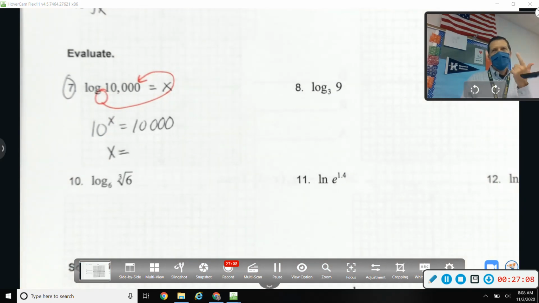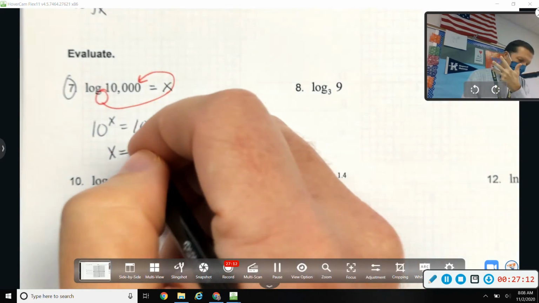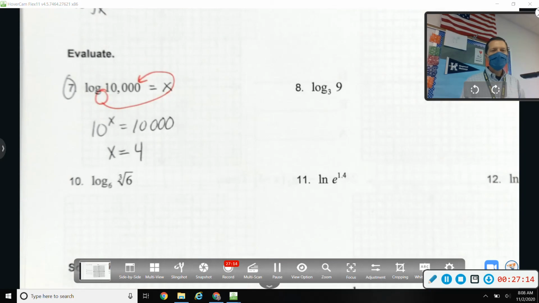Another 10 would be 1,000, and another 10 would be 10,000. So x must be 4. So you got 18 fishhook problems is really all you have. The title says logs, but really it's fishhook and then exponents. And we'll go over some of those on Wednesday.